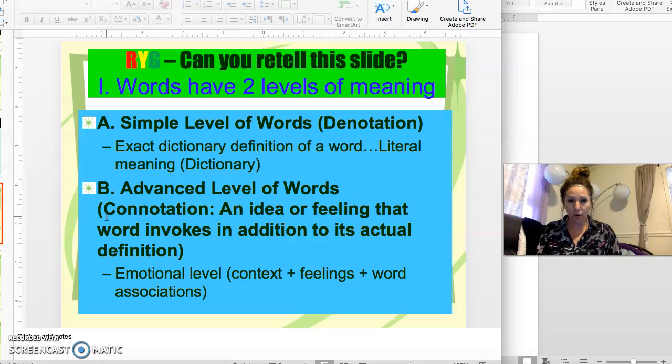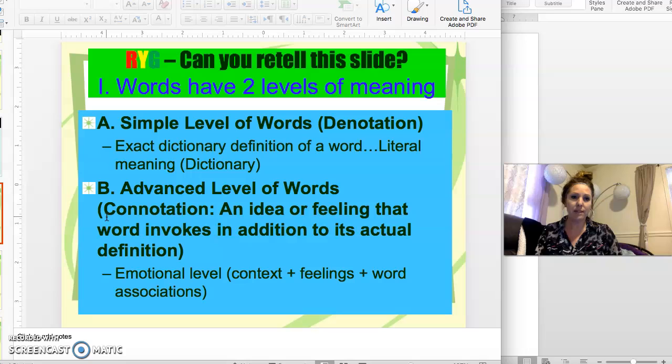Now, not every word has a real strong connotation, but you want to listen for those words and in the way that they're used, in the context of how they're being used, that really does evoke a strong feeling, a positive feeling or a negative feeling, and there are these other associated words that are typically in that feeling range that we think of when we hear that word.